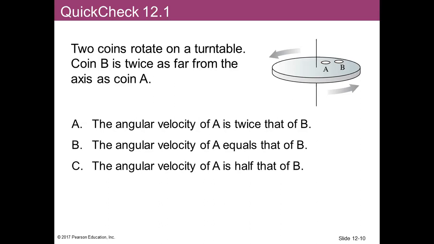Number A says the angular velocity of A is twice that of B. Number B says the angular velocity of A is equal to that of B. Number C says the angular velocity of A is half that of B. The correct answer here, of course, is B, because in a wheel, all the points rotate with the same angular velocity and the same angular acceleration. So the correct answer is B.